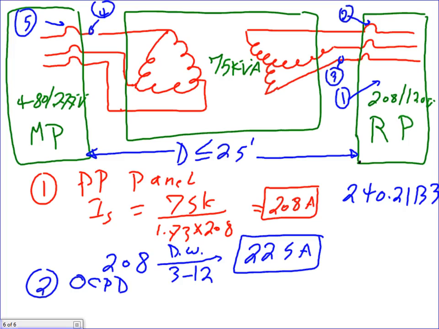No. My question is, at what point does it stop being the secondary overcurrent protection and become the panel protection? Right at the transformer. So if your transformer is sitting right here, it will be an enclosure attached to the transformer where it's bussed to the fuse. That's the secondary protection of the transformer.